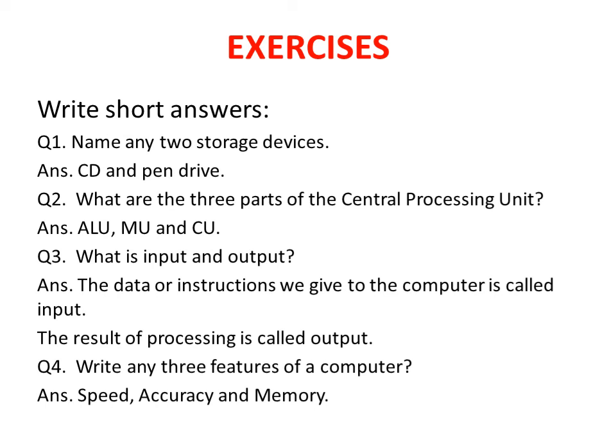The result of processing is called output. Question number 4. Write any three features of a computer. The answer is speed, accuracy and memory. Do all these question answers in your computer notebook.